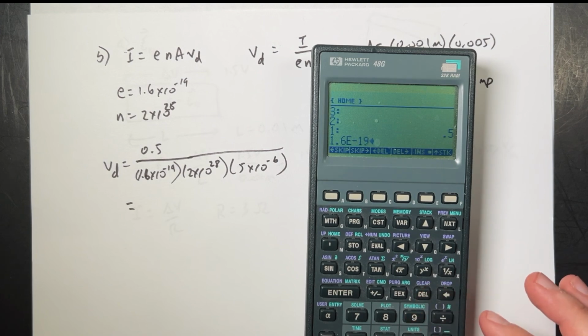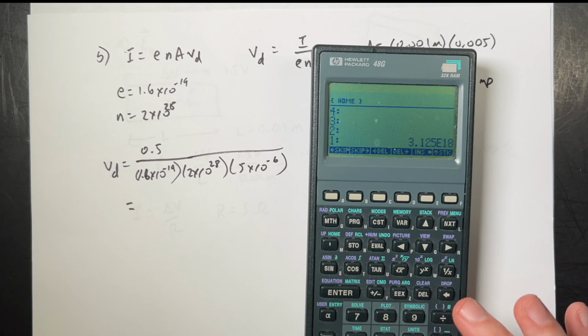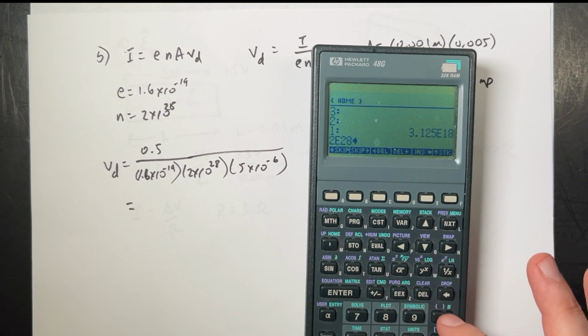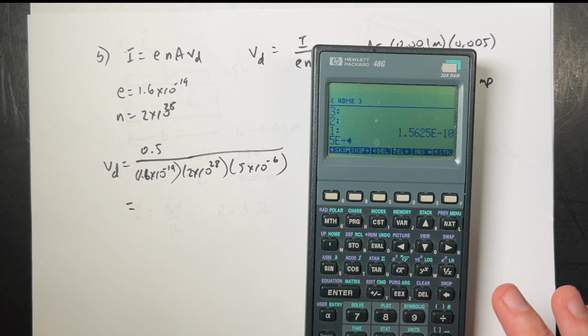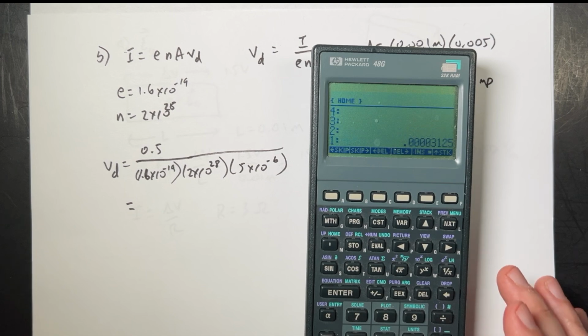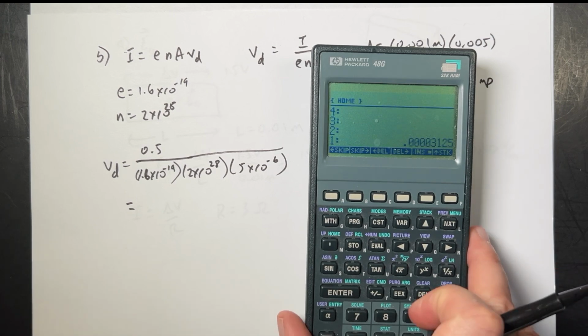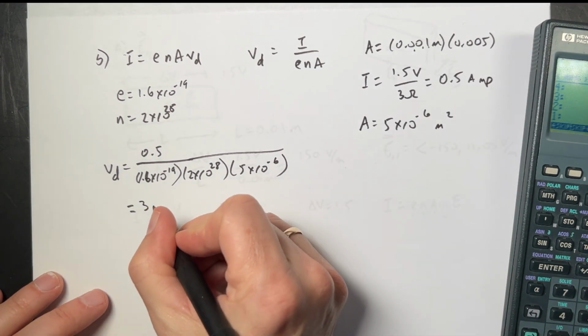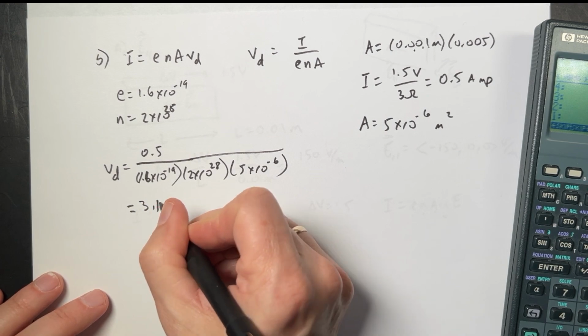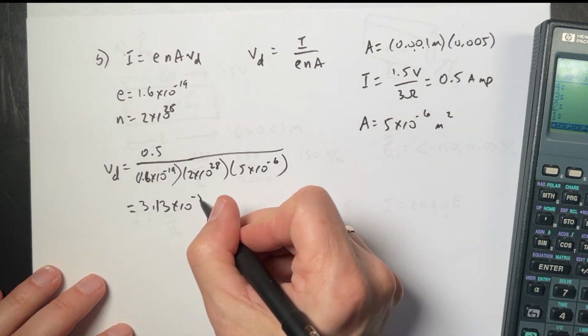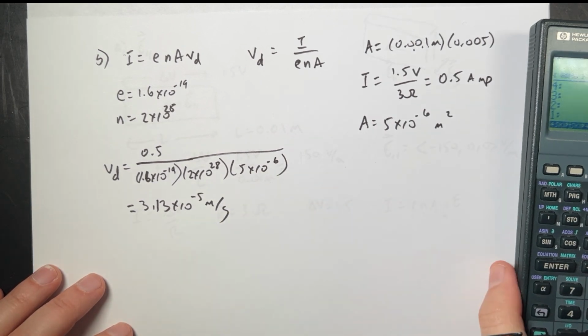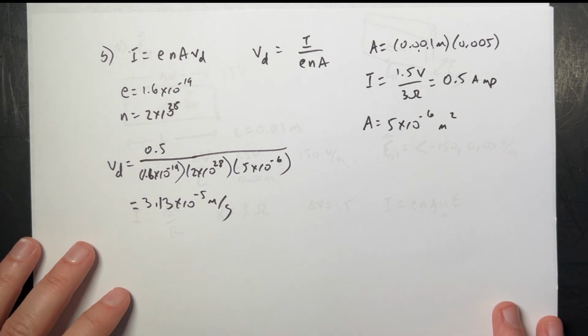Negative 19 divided by 2 times 10 to the 28th divided by 5 times 10 to the negative 6 divided by. And I get 3.13 times 10 to the negative 5. There you go. Drift velocity.